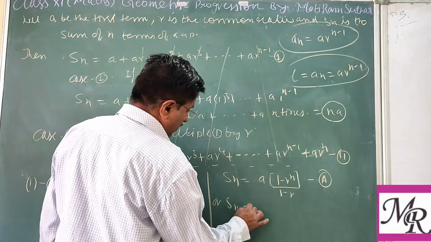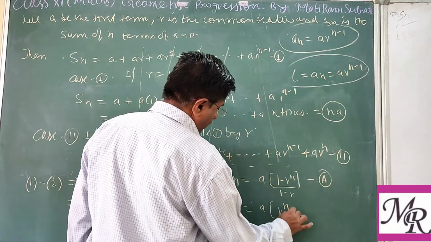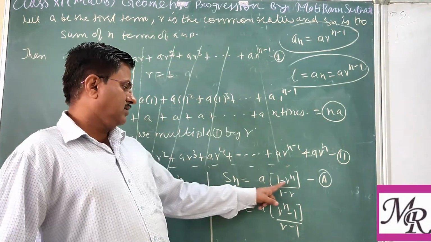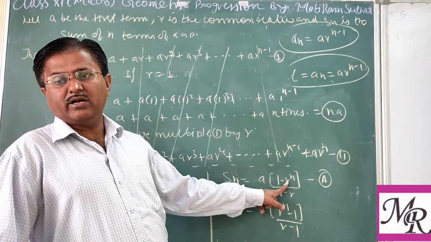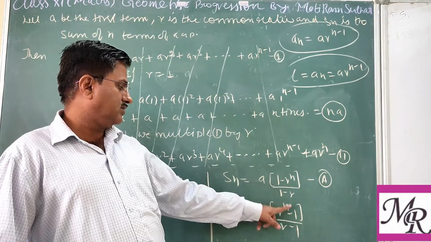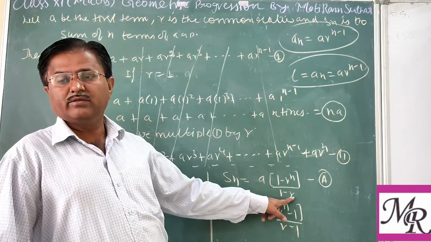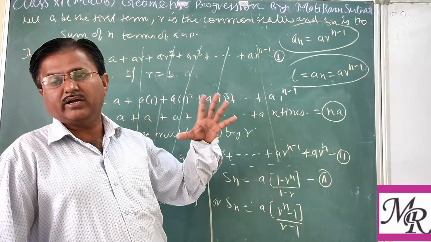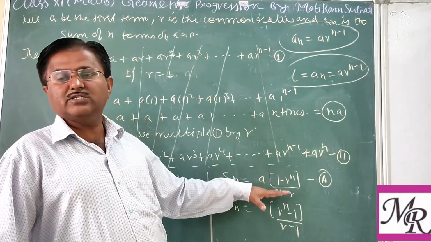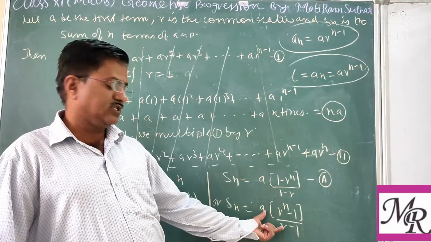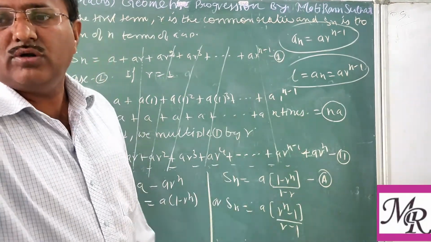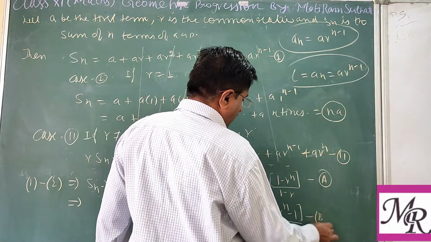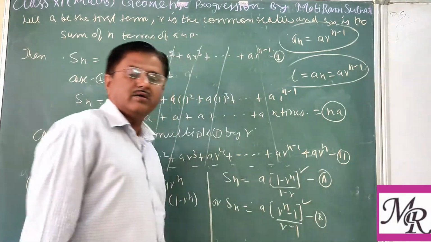If we take minus common from the numerator and denominator, R power n converts into R power n minus 1, and here also we take minus common. The minus in numerator and denominator cancel out. So finally, after taking minus common from the numerator and denominator, we get this formula. So this is also known as the sum of n terms. You may use either this formula or this.